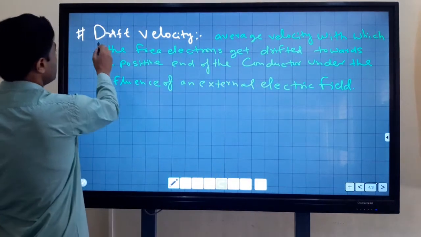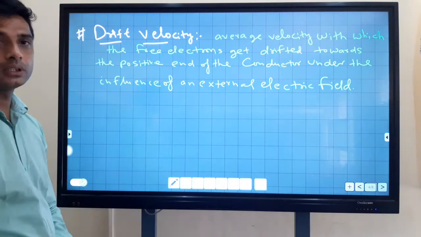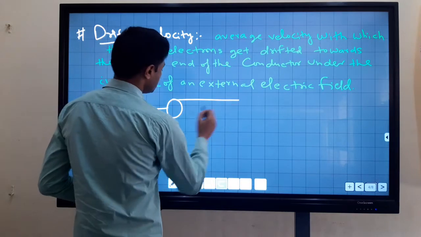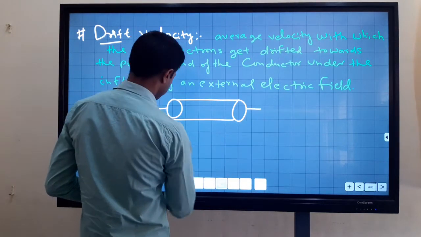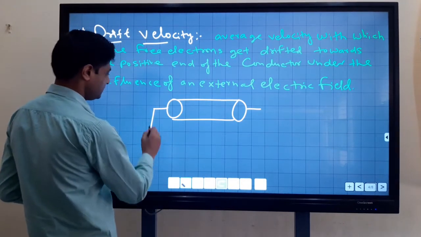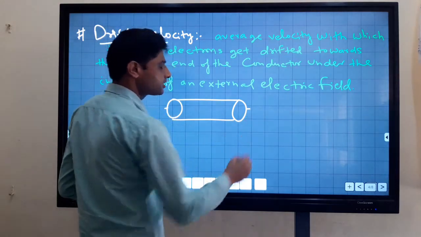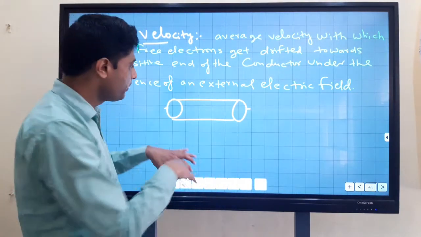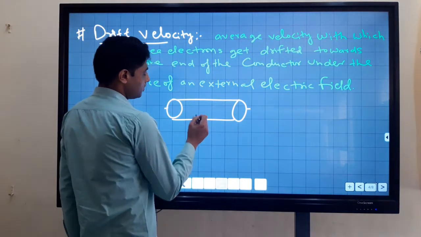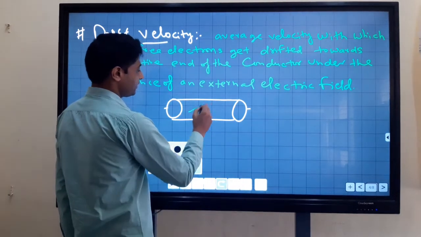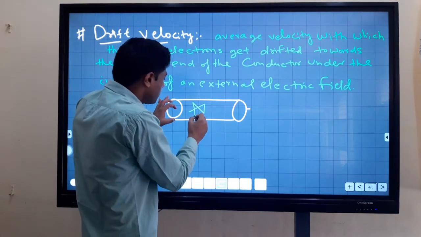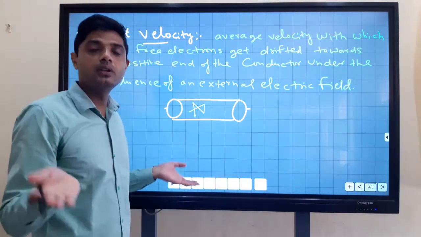Now drift velocity. What is drift velocity? As you know, in a conductor, when there is no external field, when there is no battery applied across the ends of the conductor, then electrons move here and there due to thermal energy, the room temperature.